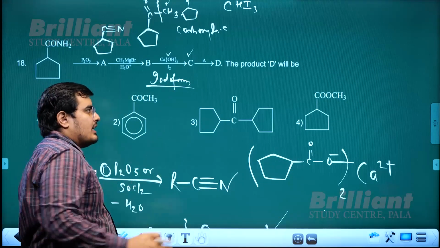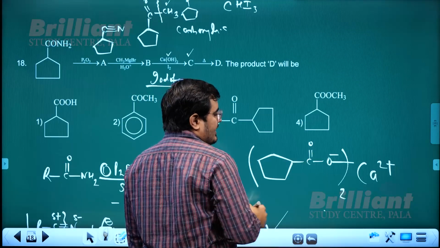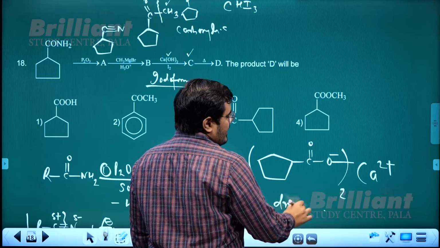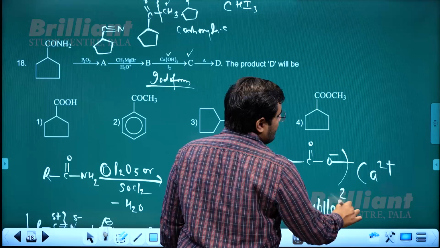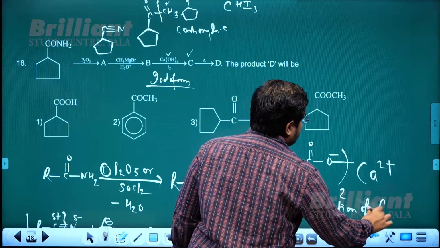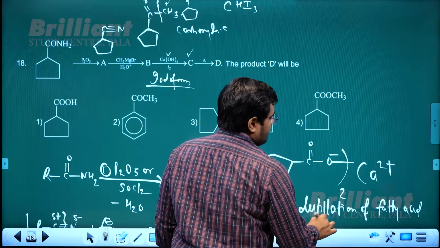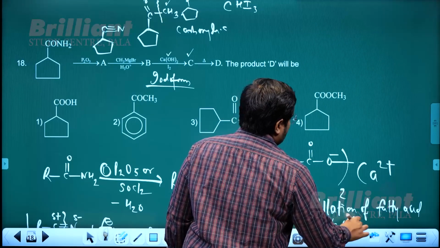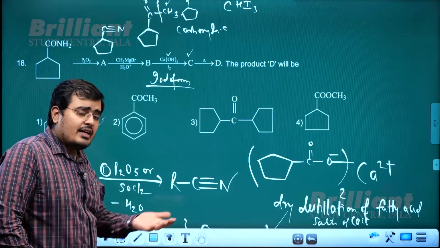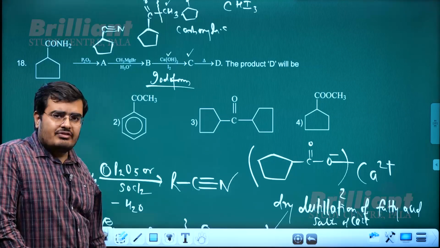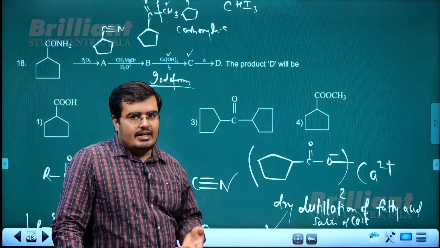Now this reaction you have again learnt in the preparation of aldehydes and ketones, which is dry distillation of calcium salts of fatty acids. In dry distillation of calcium salts of fatty acids, it forms either the ketone or aldehyde.